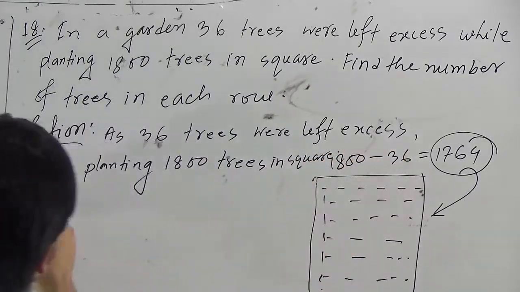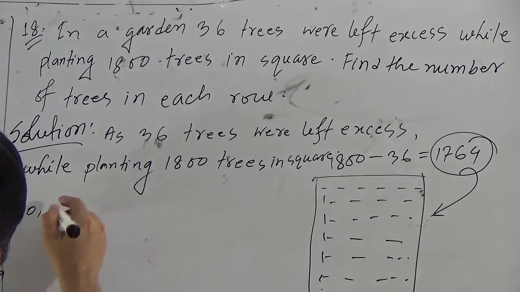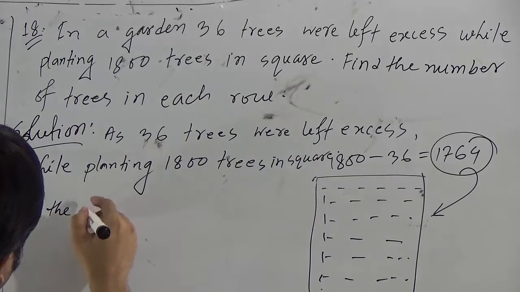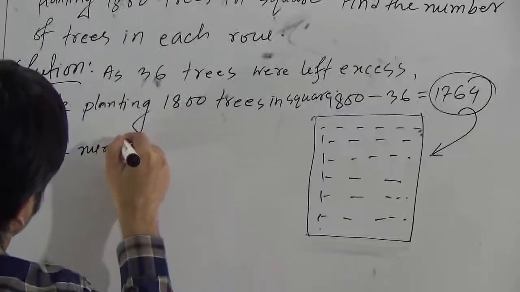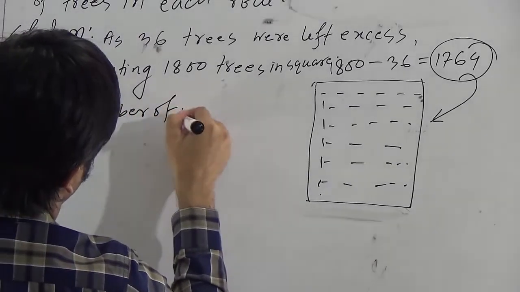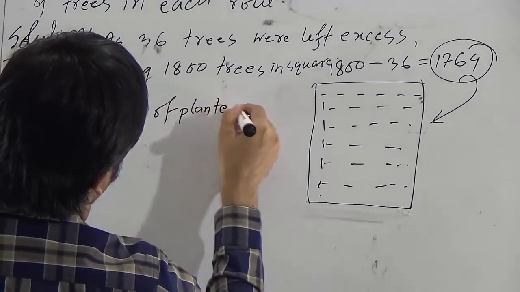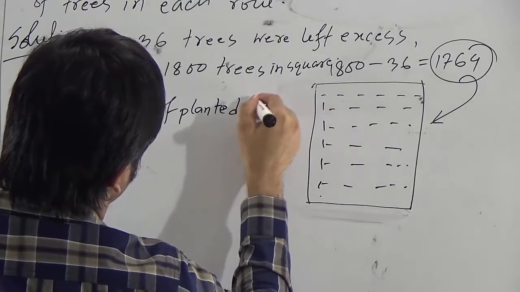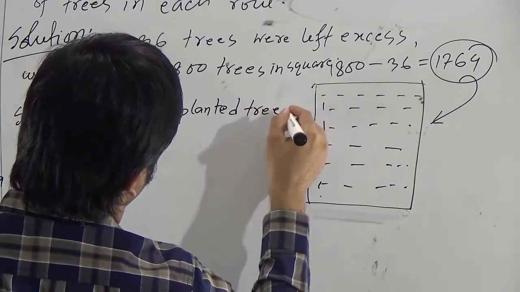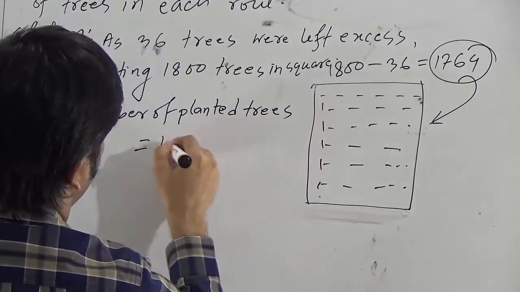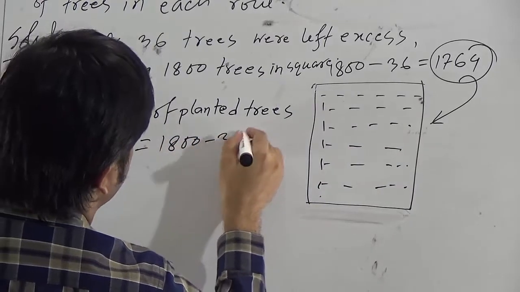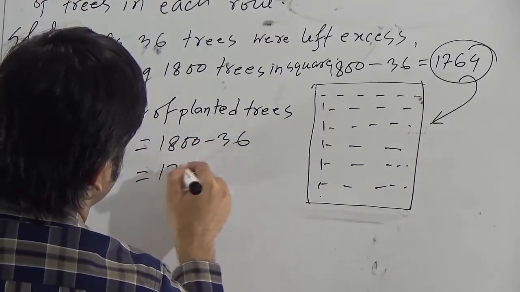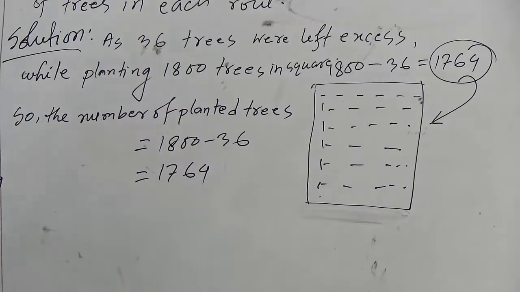So the number of planted trees is equal to 1800 minus 36, which means 1764. If we subtract, we will get this number.